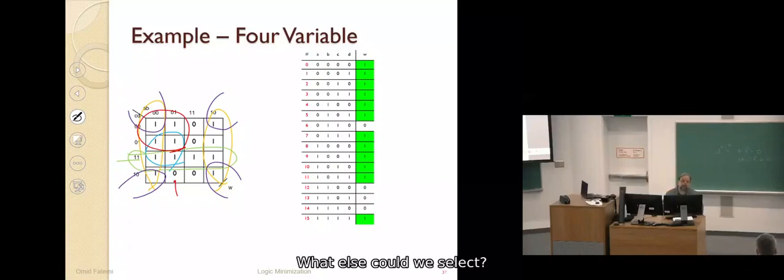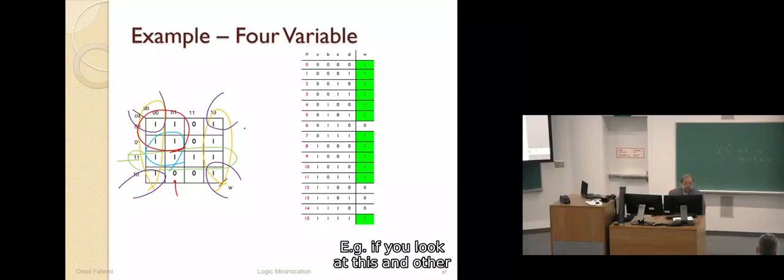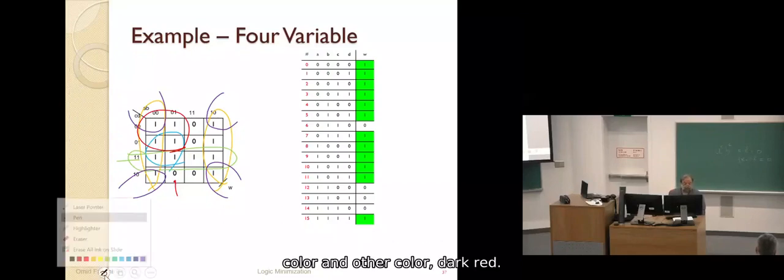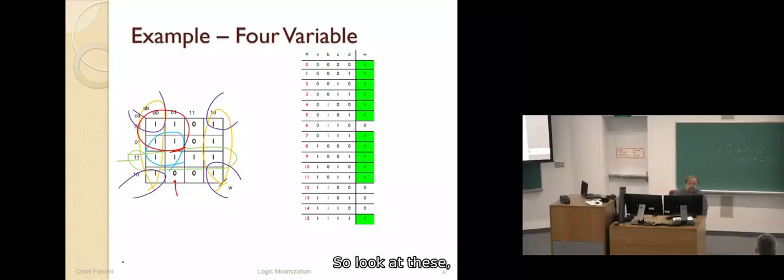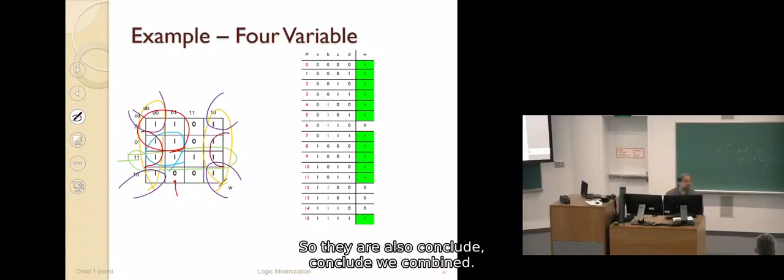What else could we select? Oh, here. Oh, okay. For example, look at this. Another color, dark red. So look at these 2-1 and these 2-1. So they could also be combined.